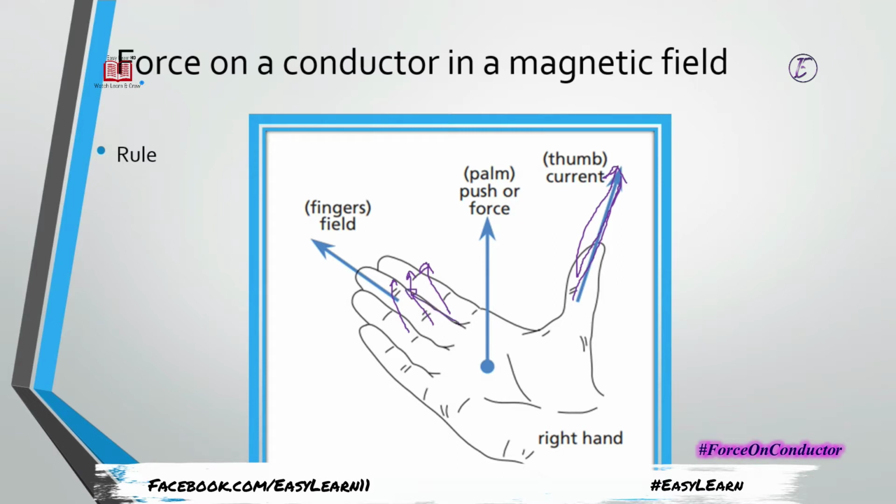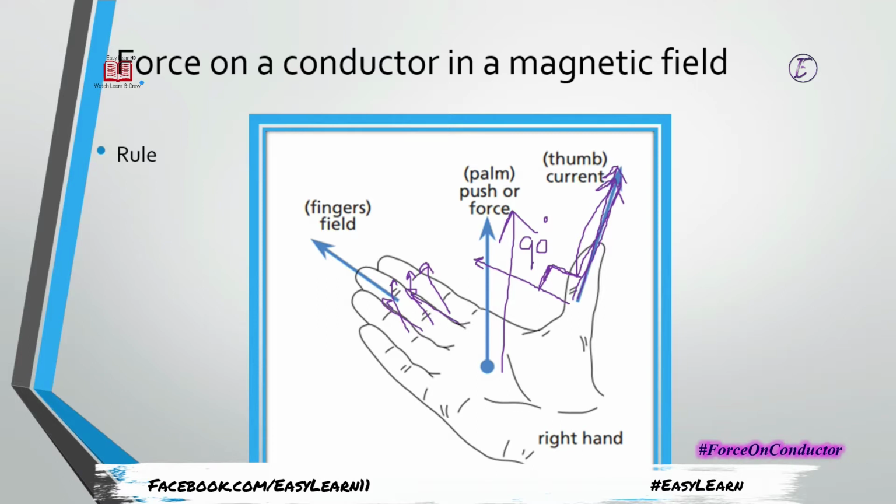They must be straight and fully open. Point your fingers in the direction of the field, and the thumb is the direction of the current, and there must be a 90-degree angle between the field and the current. This is the case for the maximum force.